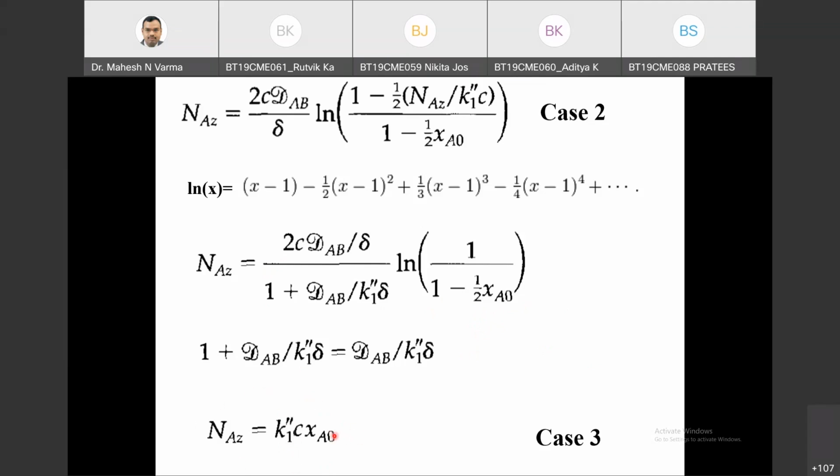So it means that if mass transfer is very, very large, DAB is very, very large, then what will be the concentration profile? Here, roll number 62.